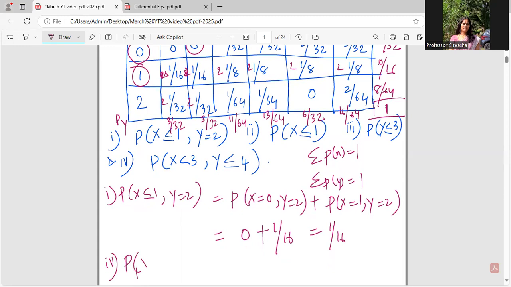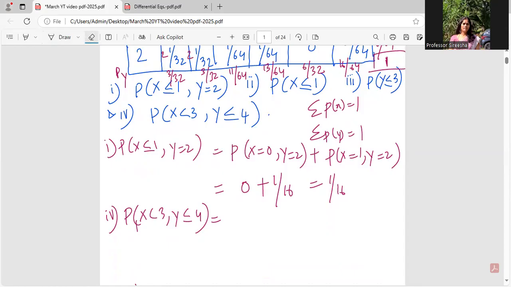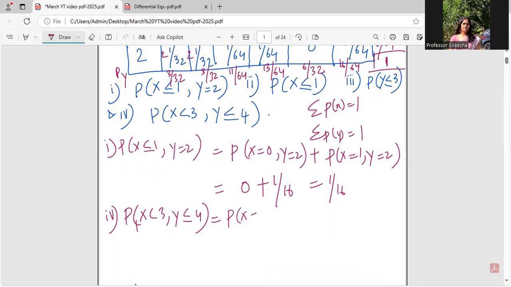P of x less than 3 and y less than or equal to 4. How many values will be there? I just need to check. How I'll be writing it is P of x is equal to 0, y less than or equal to 4, plus P of x is equal to 1, y less than or equal to 4, plus P of x is equal to 2 and y less than or equal to 4.